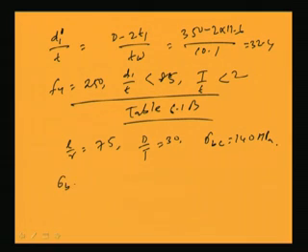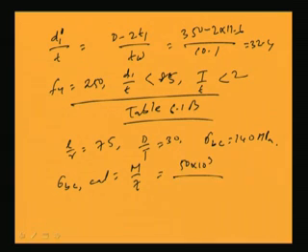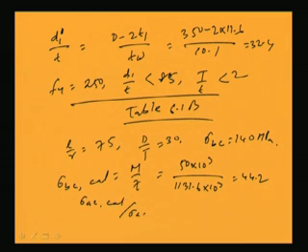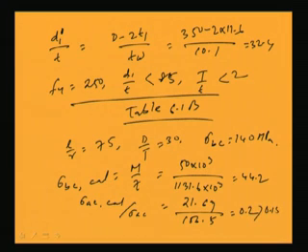And sigma BC calculated will be M by Z. So 50 into 10 cube is the M and Z is 1131.6 into 10 cube. So from this I am going to get 44.2 MPa. And again sigma AC calculated by sigma AC, we are going to get 21.69 by 106.5, which is 0.2, greater than 0.15.